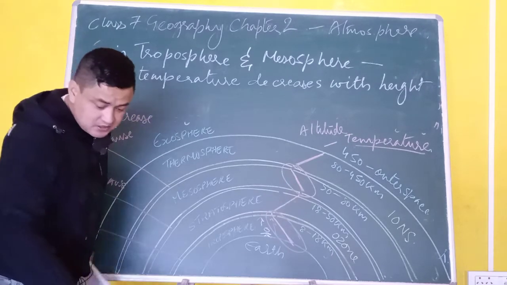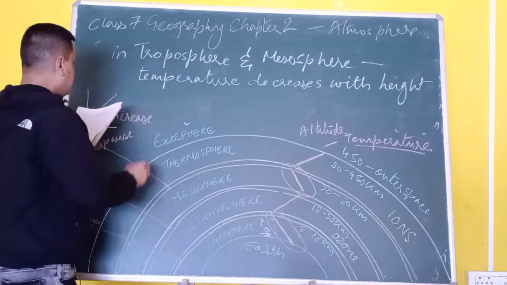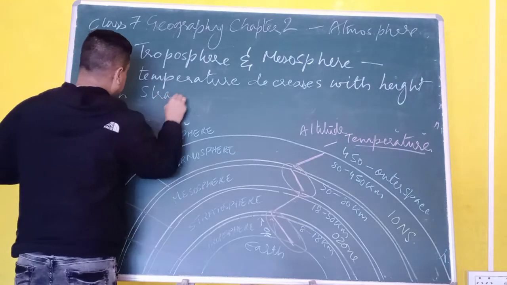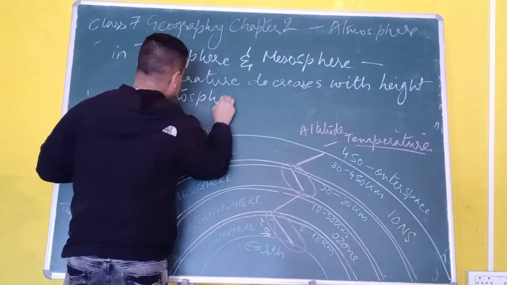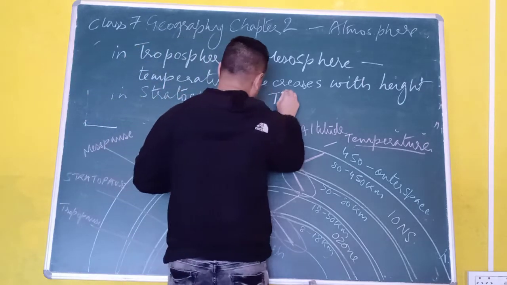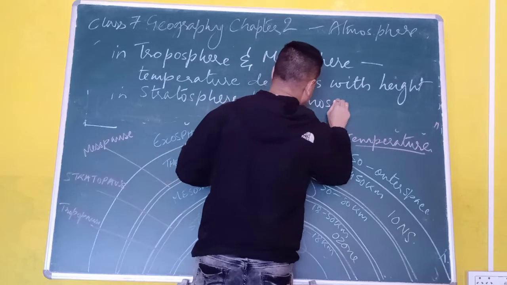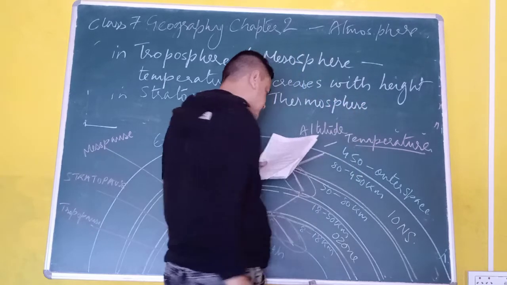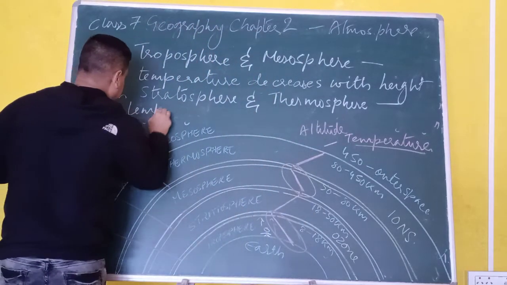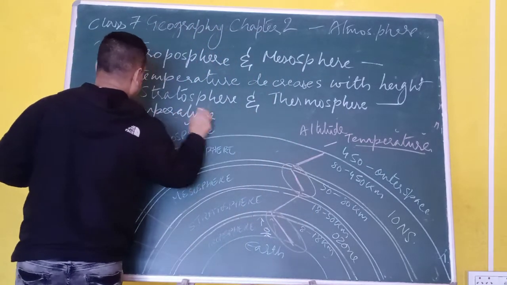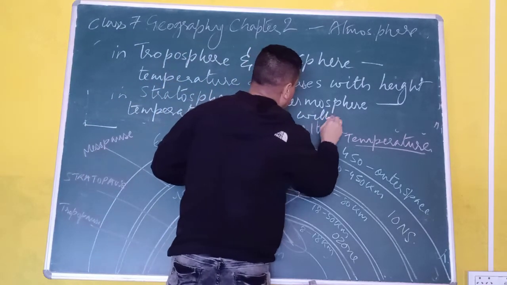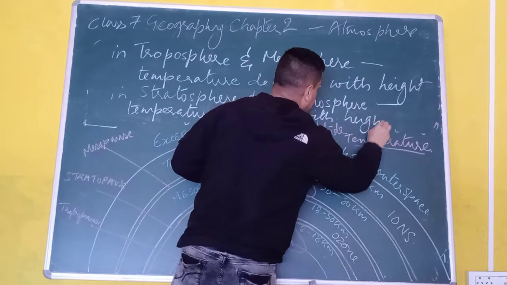So it is a positive relation. It shows a positive relation where in the stratosphere and thermosphere, temperature increases with height.